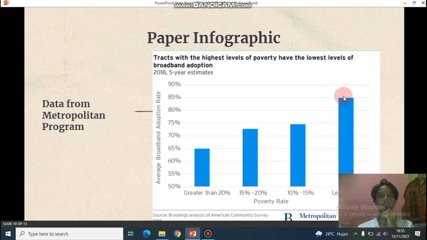Because we are a growing nation, maybe it's actually worse in our position. But to be estimated, this is the kind of data we can imagine applying in Indonesia.